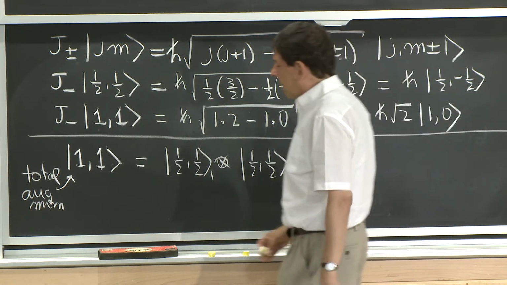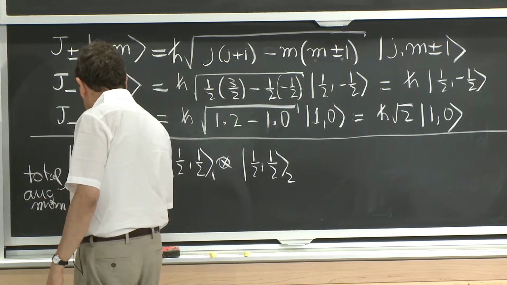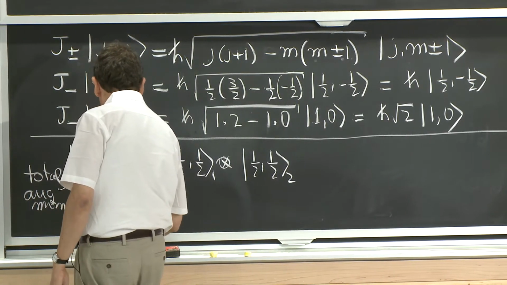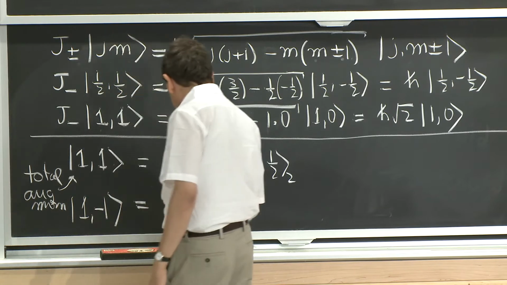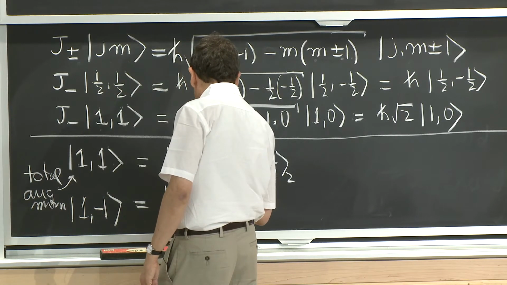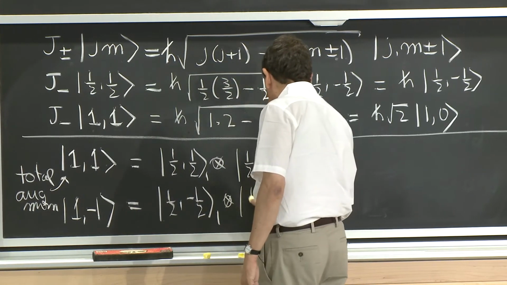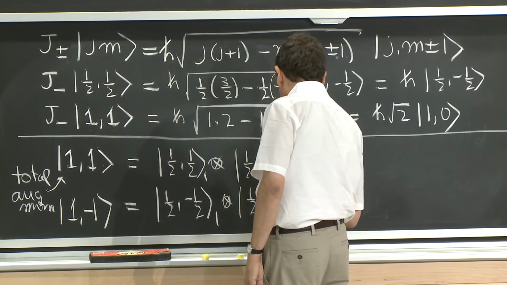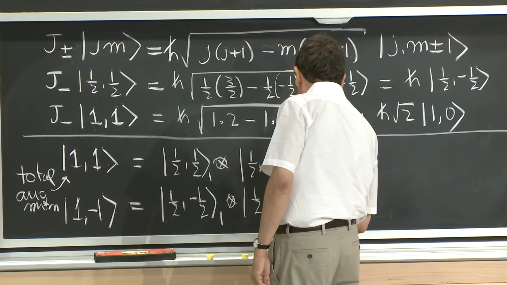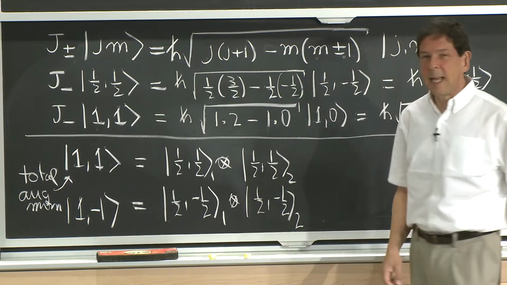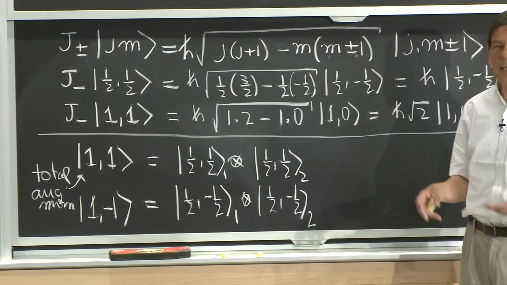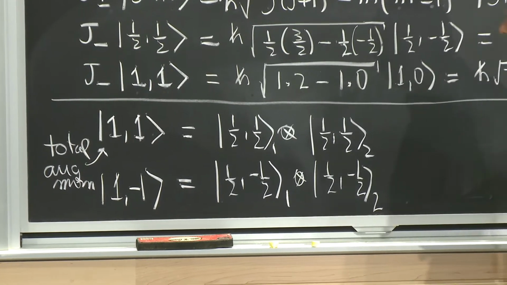The other state, the 1, minus 1, must be the state 1/2, minus 1/2, tensor 1/2, minus 1/2, because it's the only state in the tensor product that has m equals minus 1.